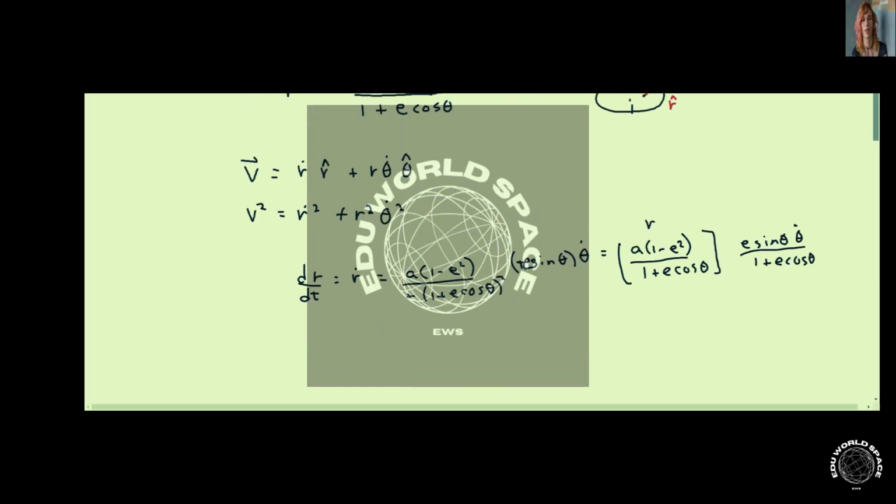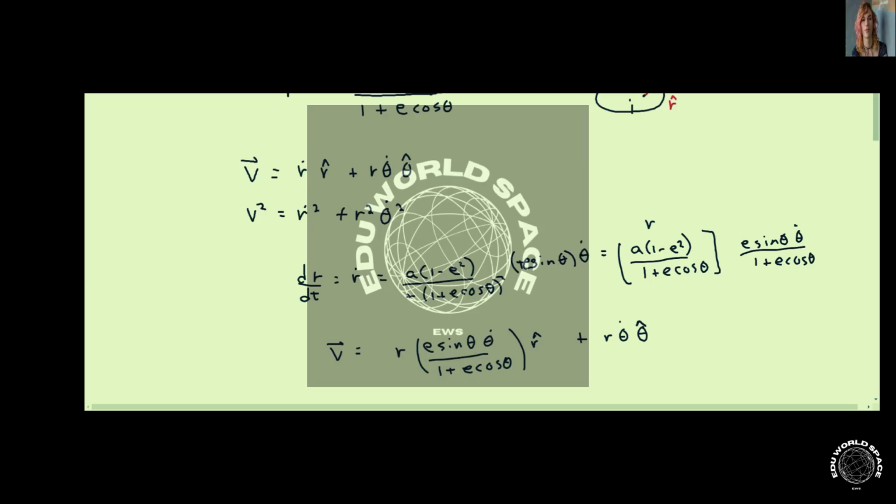So looking at my v then, my r dot looks like r times e sine theta, theta dot over 1 plus e cosine theta, in the r hat direction, plus r theta dot in the theta hat direction, the tangential direction.